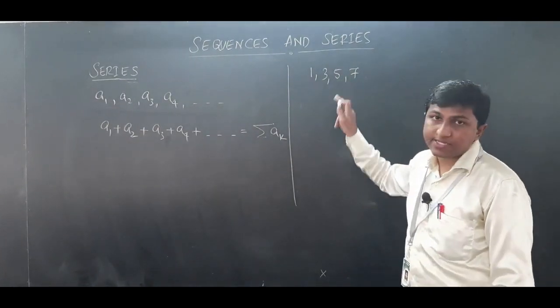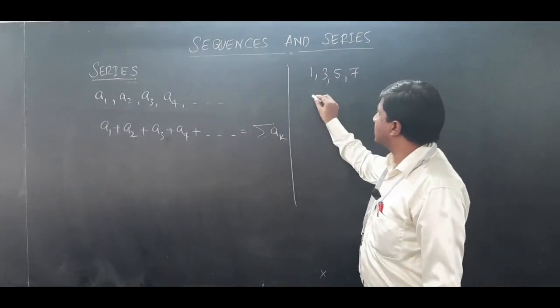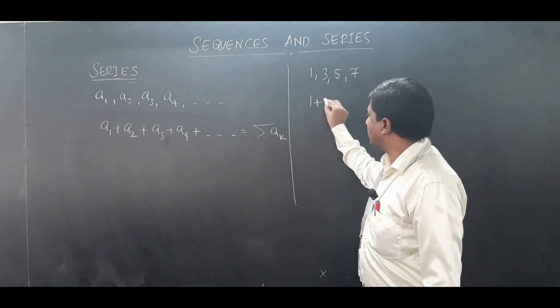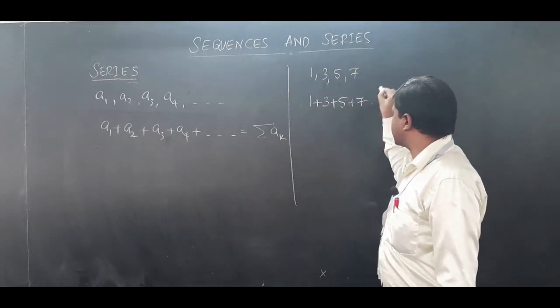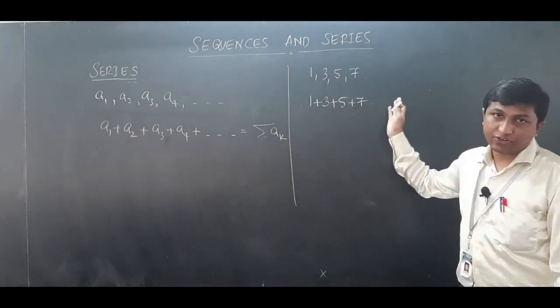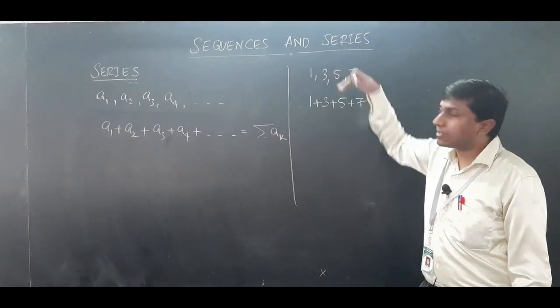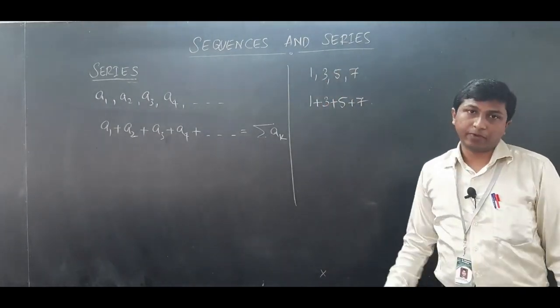So, what is the series associated with this sequence? Instead of commas, I just replace the commas by plus sign. So, the series will look like 1 plus 3 plus 5 plus 7. Is that clear? I do not add this and write the sum, but rather the same sequence I just replace the commas with the plus sign.